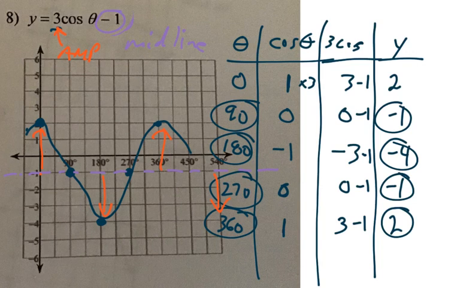So guys, that is basically how you graph these cosine functions. Okay? Now, what I'm going to do is post at the end of this video a couple pictures of the practice problems I want you to do.